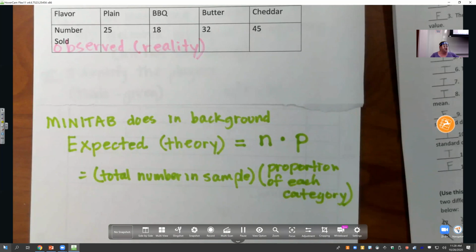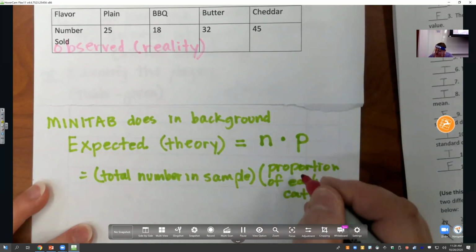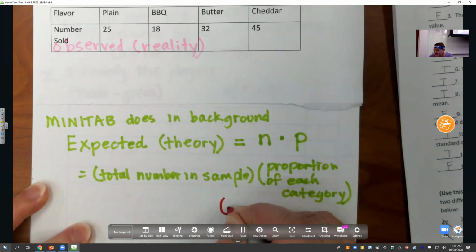There's a 25% chance they're going to buy the butter. And there's a 25% chance they're going to buy the cheddar. Does that make sense? Because you got 100%, 4 options. 100 divided by 4 is 25. Okay, so our proportion for each category is going to be the 25% or 0.25.